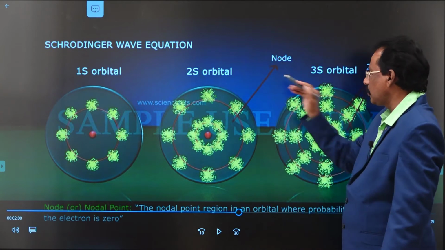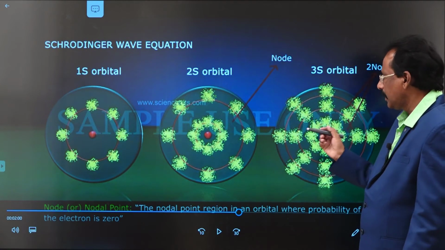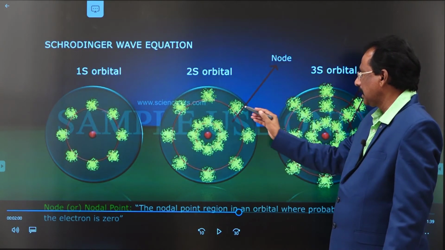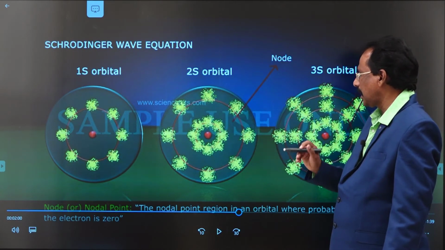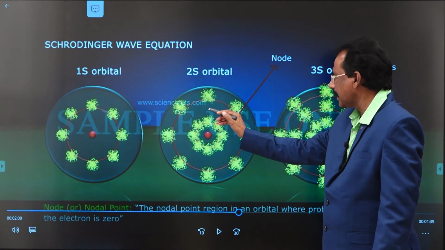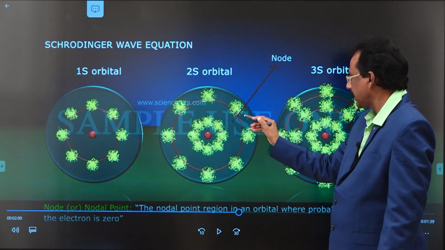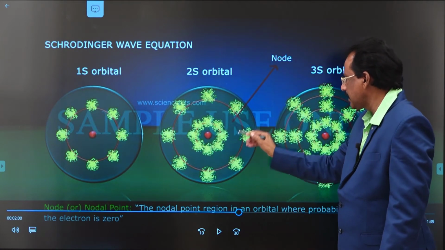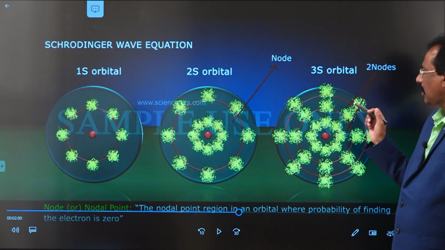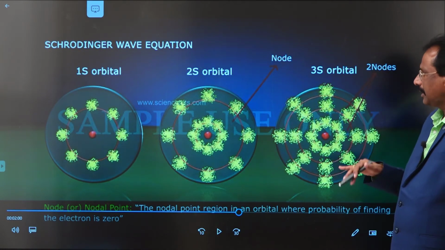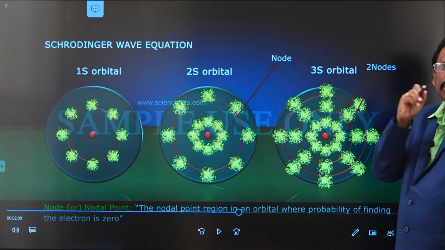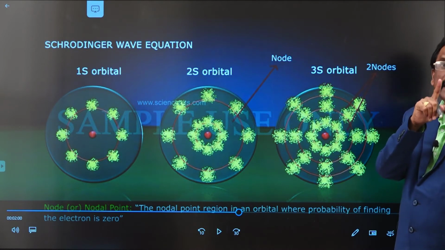But in the case of 2s orbital, see here, this is the shape of 1s orbital, spherically symmetrical. This is the shape of 2s orbital. Now in between 1s and 2s, this mark indicates that in this spherical region, the probability of finding the electron is 0. That spherical region is said to be spherical node or radial node.